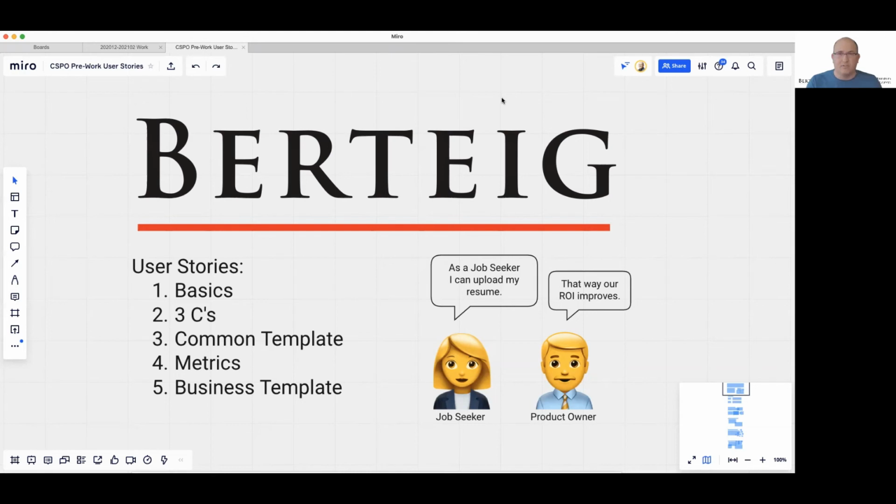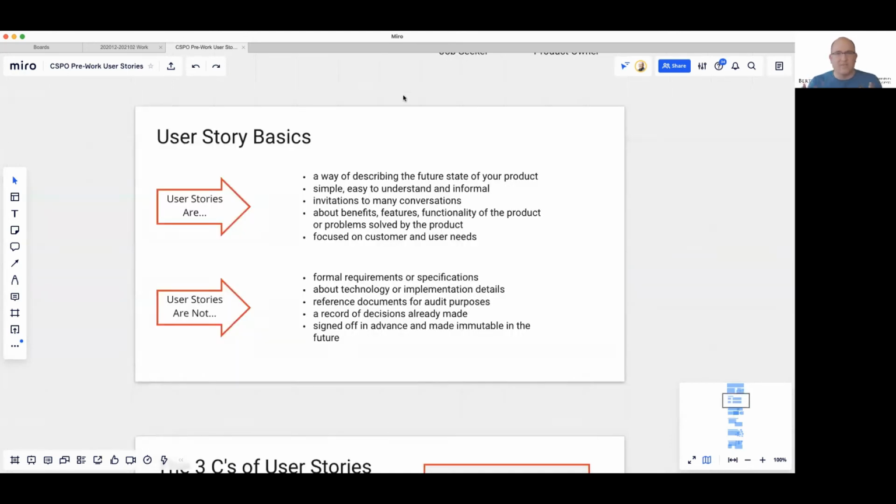Now, let's look at some basics about user stories. And this is really just a quick list of some things that user stories are and are not. So user stories are, of course, a way of describing your product and specifically about the future of your product, what your product will be able to do, what features and functions it will have. User stories are meant to be very simple and informal. They are short.